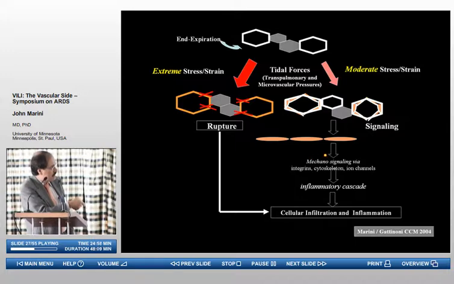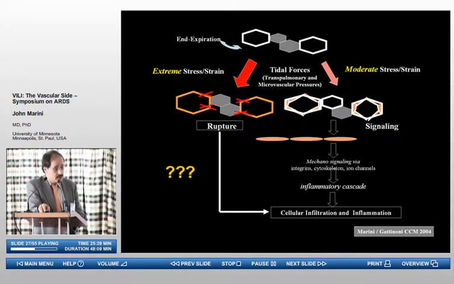And the mechanosignaling via integrins, the cytoskeleton and ion channels leads to an inflammatory cascade, cellular infiltration, and inflammation. In certain cases, however, there is rupture. Extreme stresses and strains, whether they be generated at the vascular level or inside the airway, can tear membranes. And when that happens, you fall immediately to a wounded lung, and cellular infiltration and inflammation occur.